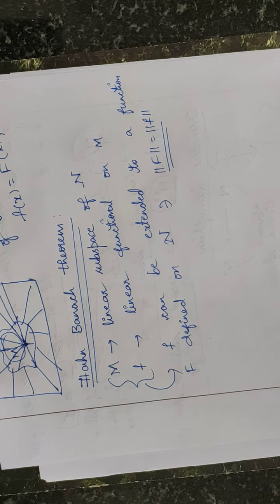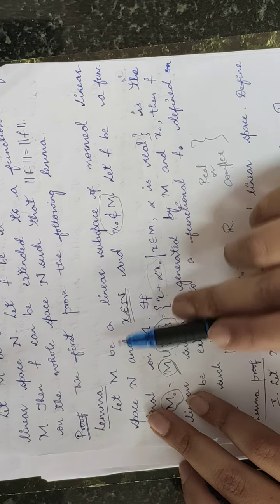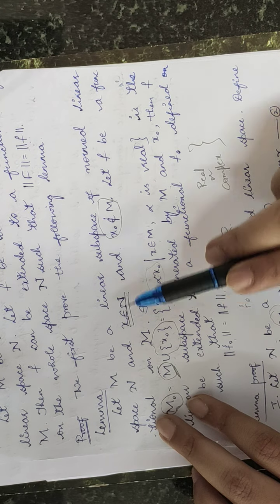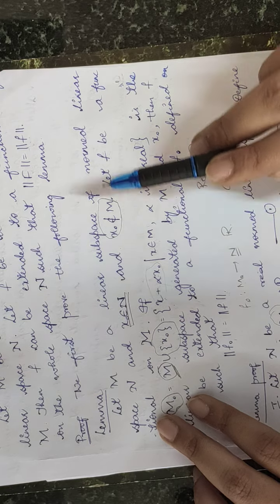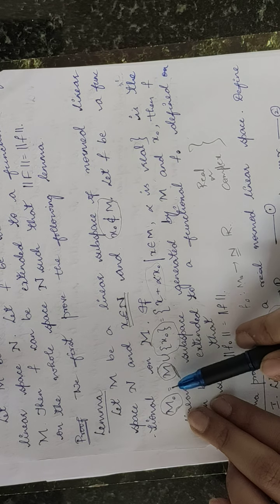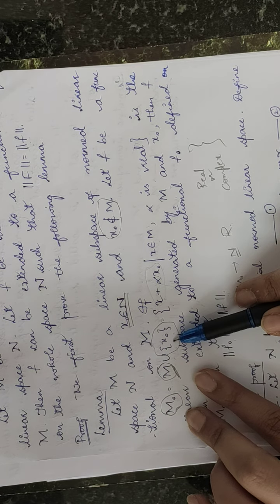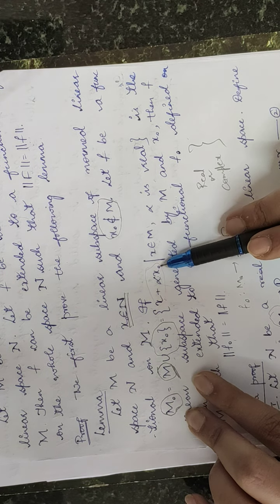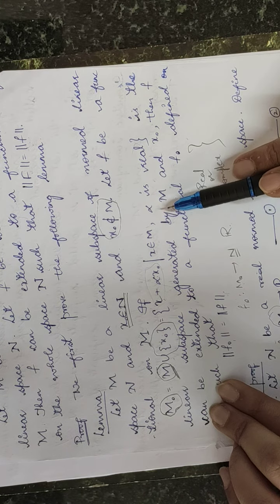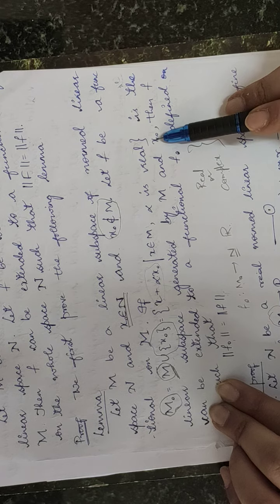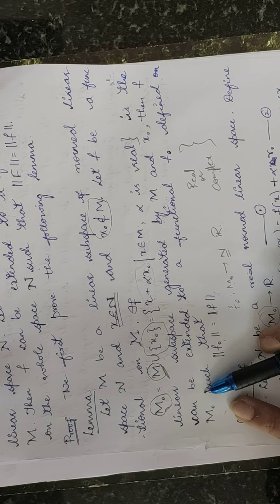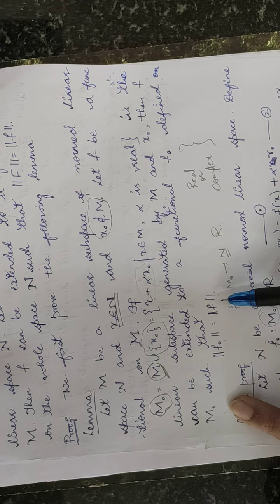The statement of the lemma says: let M be a linear subspace of a normed linear space N, and x0 belongs to N and x0 does not belong to M. Let f be a functional on M. If M0, which we can represent as M union x0, equals {x + alpha x0}, where x belongs to M and alpha is real, is the linear subspace generated by M and x0, then f can be extended to a functional f0 defined on M0 such that norm f0 is equal to norm f.